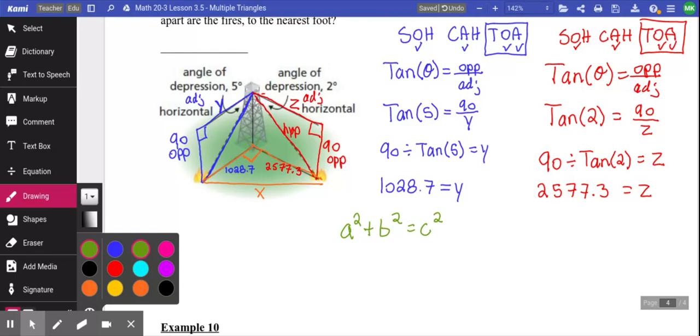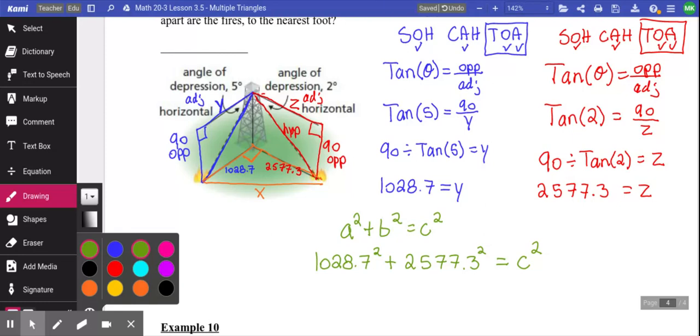So this would be 1,028.7 squared plus 2,577.3 squared equals c squared. When you calculate that, the number is going to be massive.